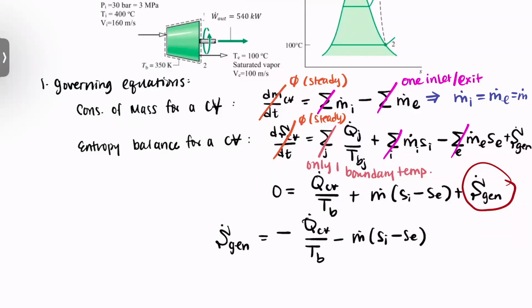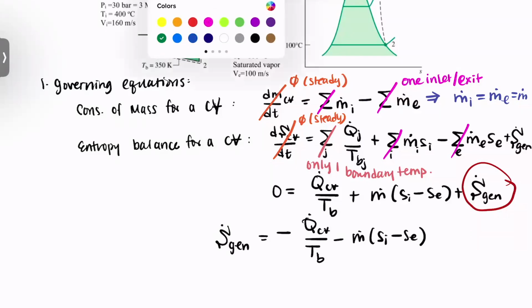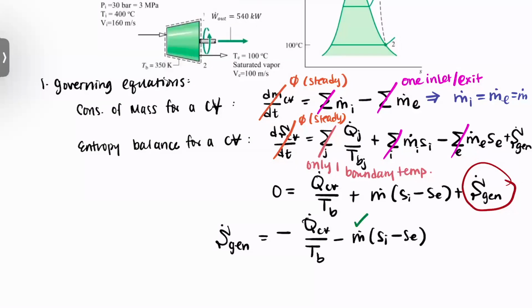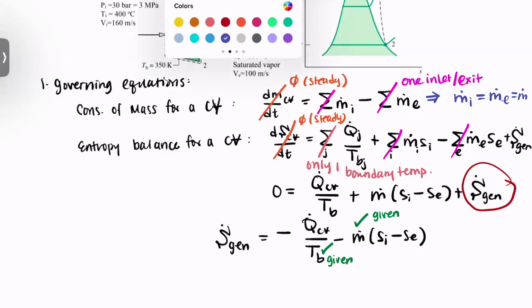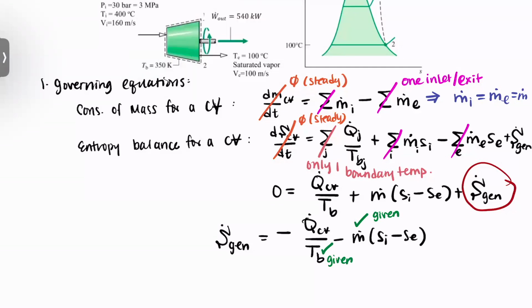We already have m dot given to us. So this is given, right? We have our boundary temperature given to us. Entropy, I'm going to do a yellow check mark because we don't have it yet, but we have all the information that we would need to look it up from the tables, okay? So we can look these up in the tables.